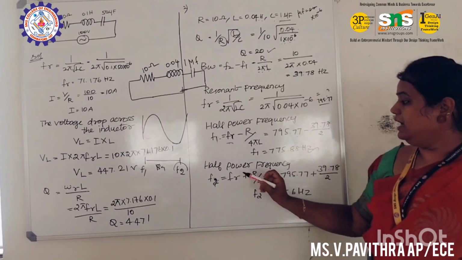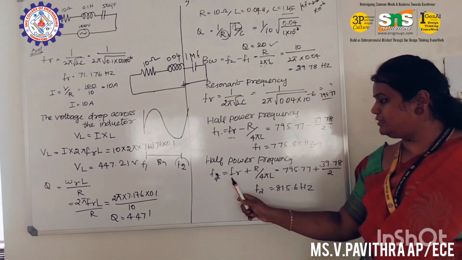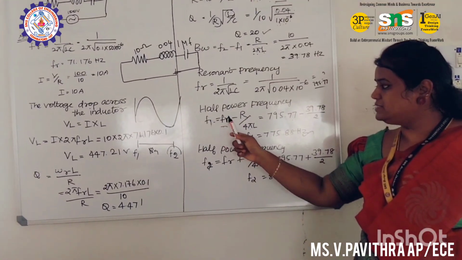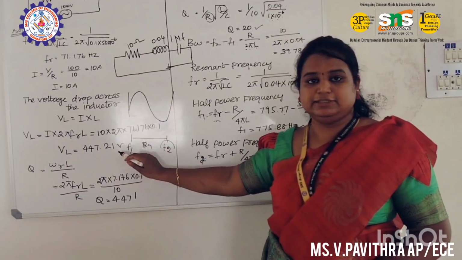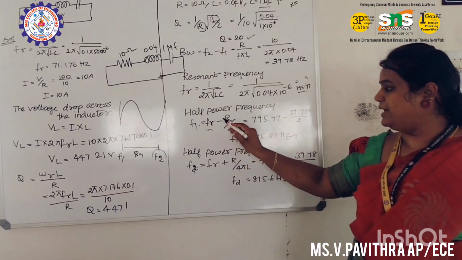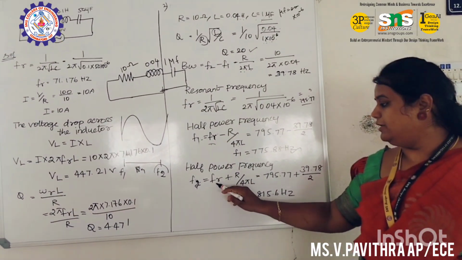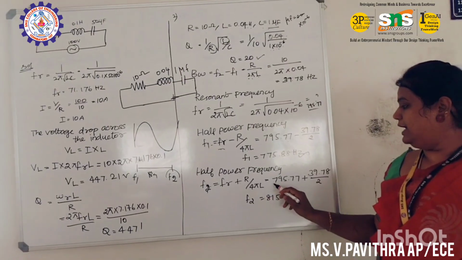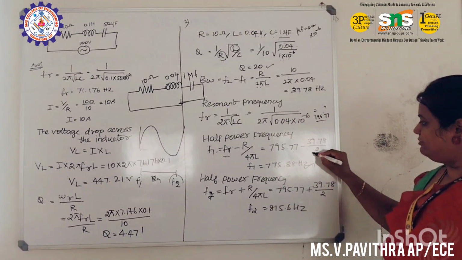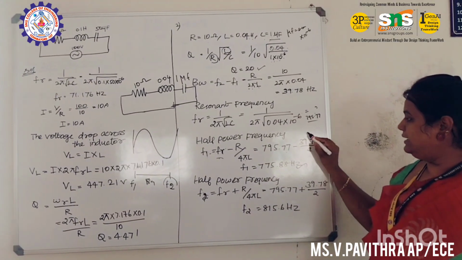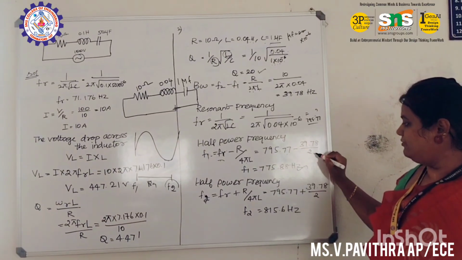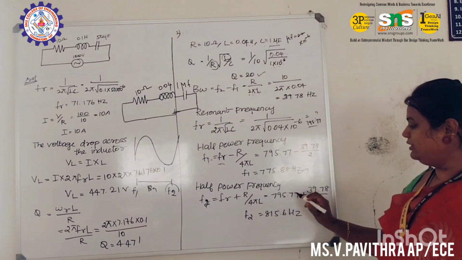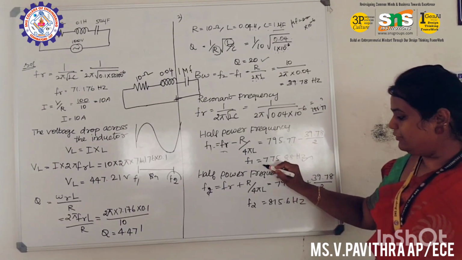For F1 it is minus, for F2 it is plus, because one is an upper value and the other is a lower value. So we are using the minus formula here and the plus formula here. Fr plus R divided by 4 pi L, and if you substitute this value here, after some derivation I got 13.78 divided by 2. If you add this value, we will get F2.